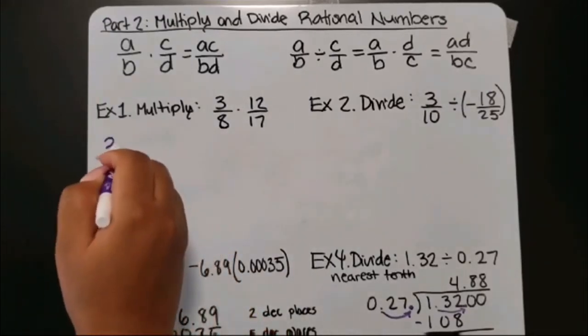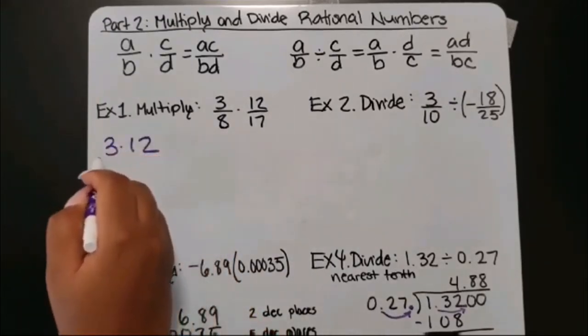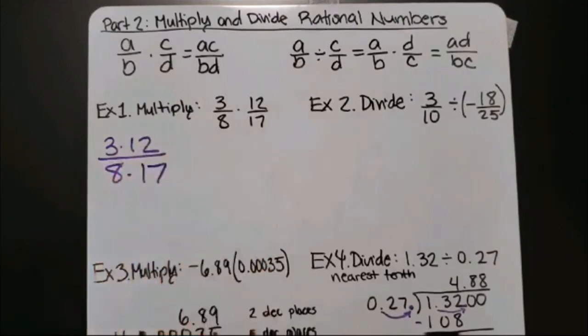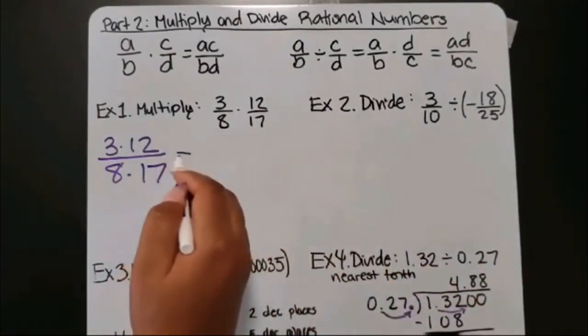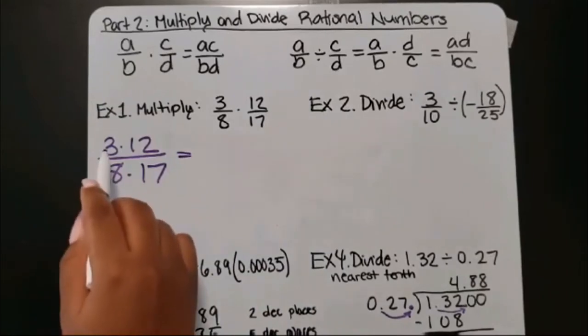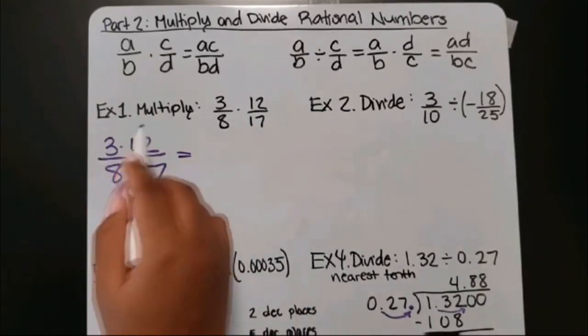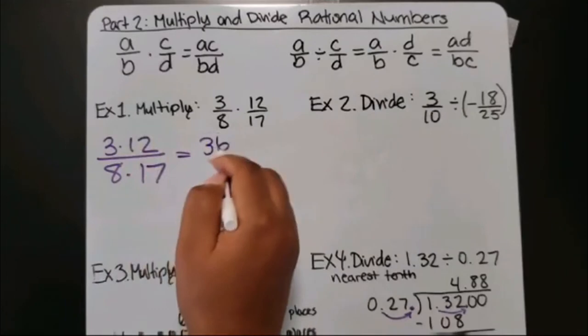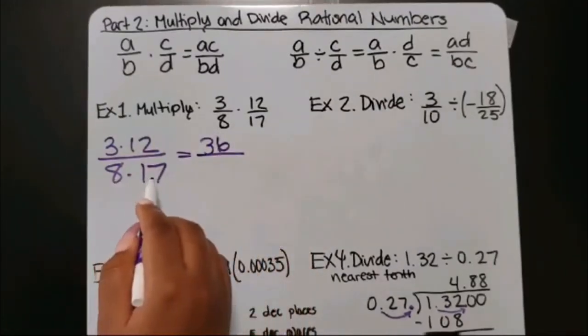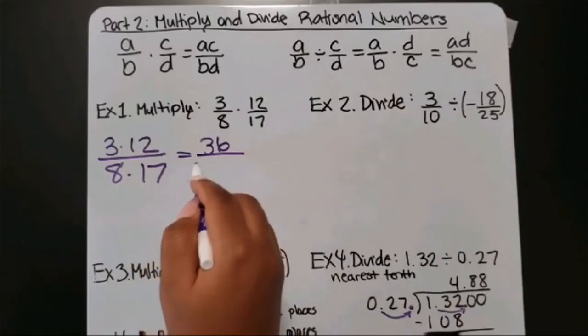So we can do 3 times 12 all over 8 times 17, all right? We can put this in our calculator or do it in our head, and we can get 3 times 12 equals 36, and 8 times 17 equals 136, all right?